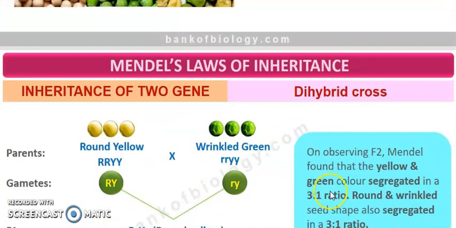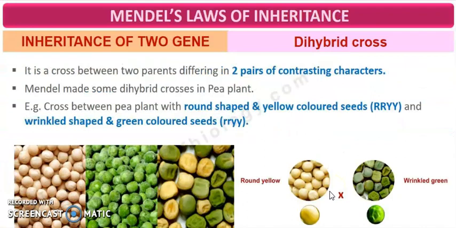So only one parent has been expressed, and that will be the dominant trait. How should we name these characters? With the help of the F1 generation, we have found out that round and yellow are the dominant traits, right? That is why they got expressed in the F1 generation like the monohybrid cross. So we use capital letters for round seeds and yellow colored seeds, and small letters for wrinkle shaped and green colored seeds.